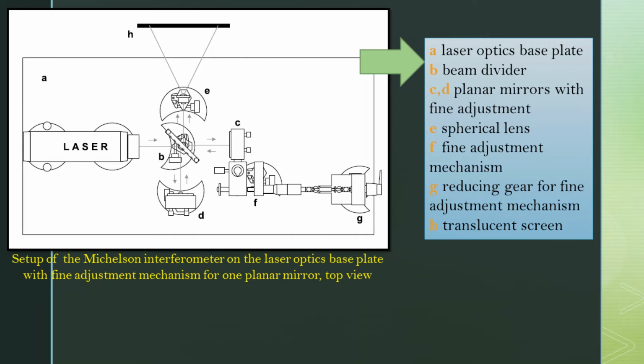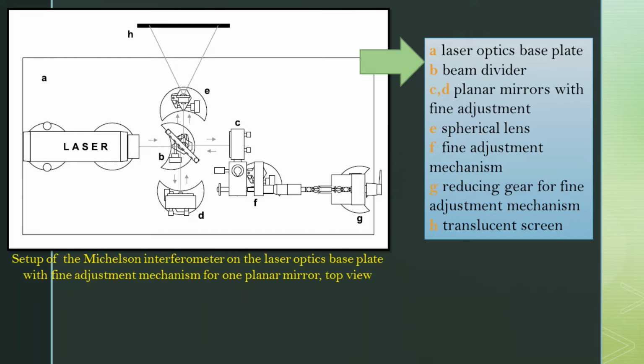One is reflected to mirror D, and one is transmitted to mirror C. The light incident on mirror D will be reflected back and transmitted through the beam divider to the spherical lens, and the beam transmitted to C will be reflected back and through the beam divider, and come to the spherical lens.